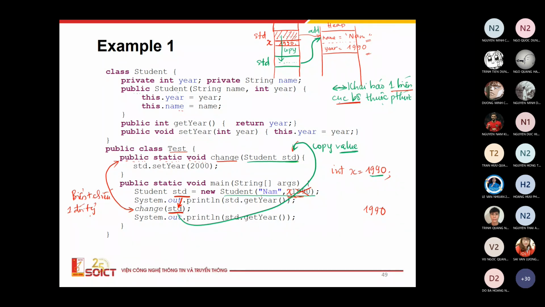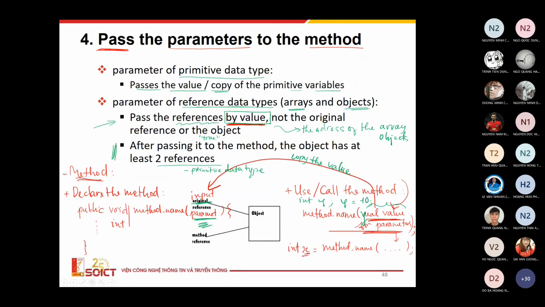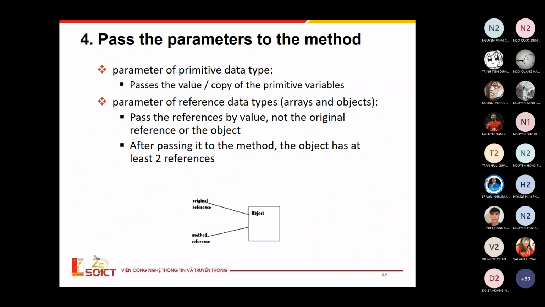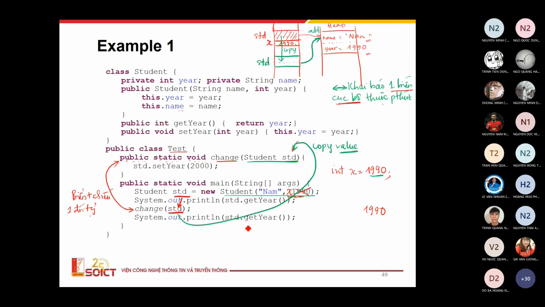Chính vì vậy lúc nãy mới nói rằng, sau khi truyền tham số vào cho phương thức thì object này sẽ có ít nhất là 2 tham chiếu. Một là original reference, là đối tượng ở chương trình chính, và một là method reference, là đối tượng ở method.